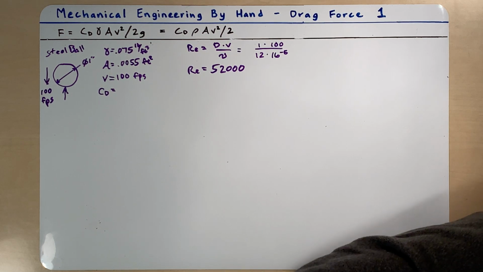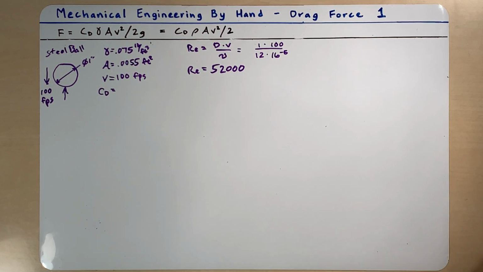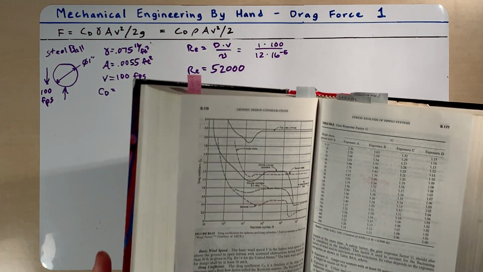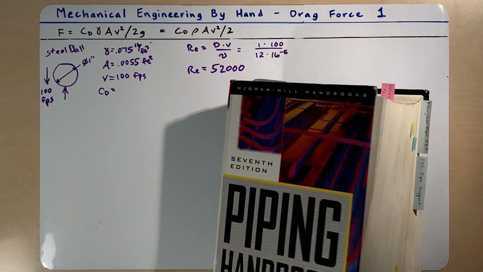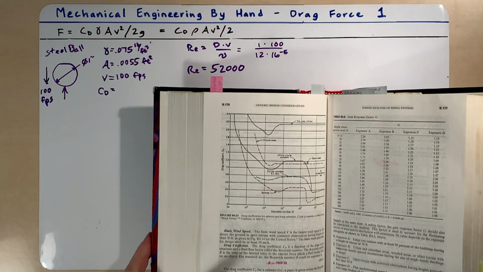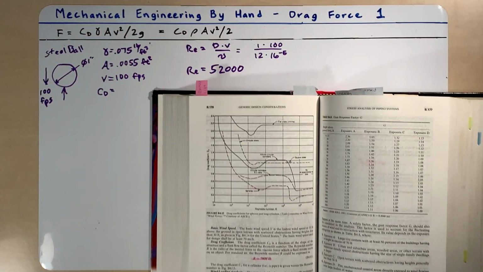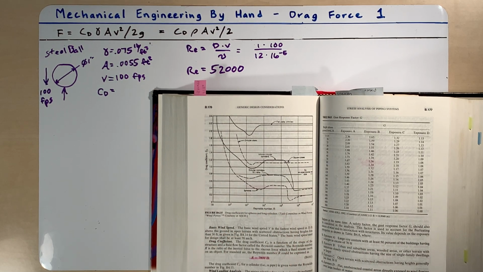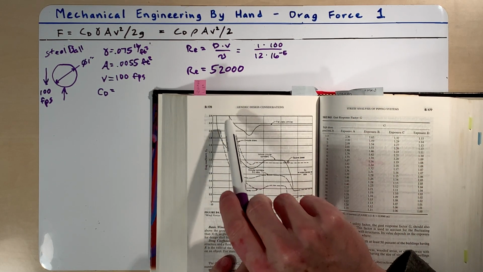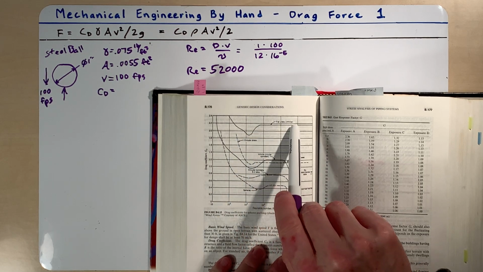Okay, now we need to look at a drag coefficient chart, and the best one that I have is in this book, of all places, Piping Handbook, and it's the best one I have because I have others, but they're printed smaller and so they're more difficult to read. And this one has more lines which represent different shapes.